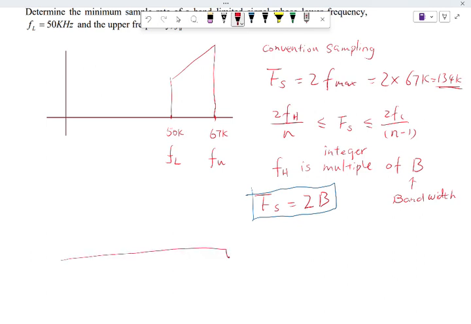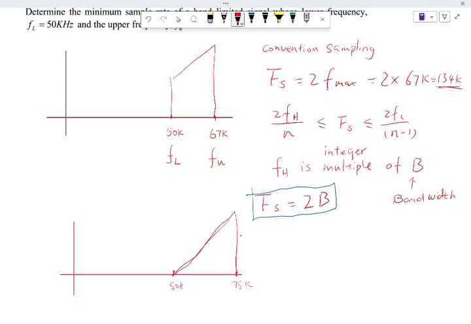Say we have an axis, and we have a 50K hertz lower bound and a 75K higher bound, with some shape, any shape. What is the bandwidth for this one? The bandwidth is high minus low, so 75K minus 50K, that is 25K.